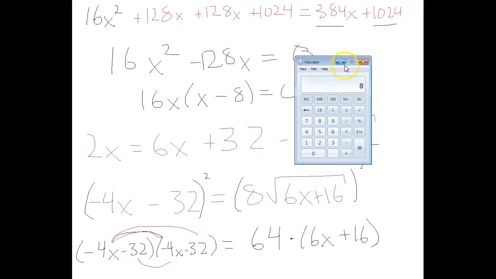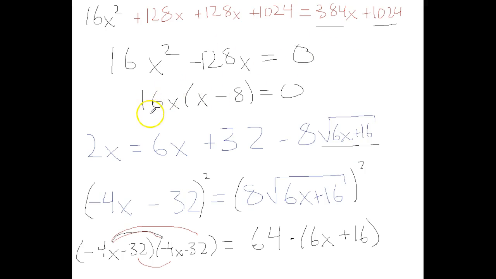So we have two factors here multiplied together equal to 0. Either the first one has to be 0 or the second one has to be 0. To make 16x equal to 0, x would have to equal 0. To make x minus 8 equal to 0, we would have x has to equal a positive 8. So those are our two answers for x.